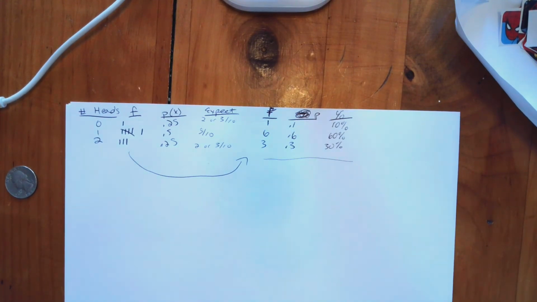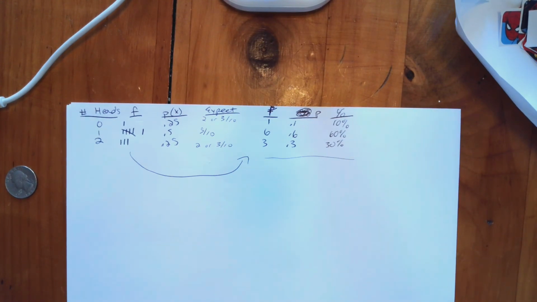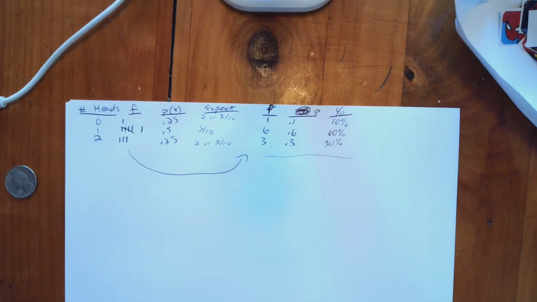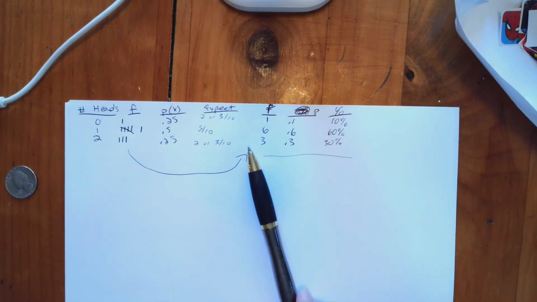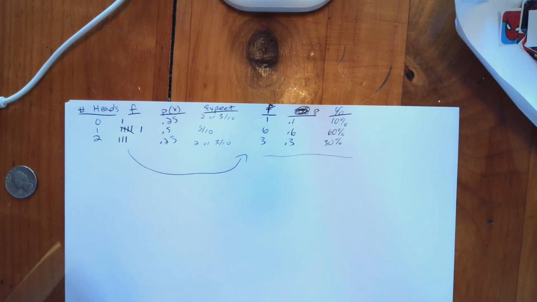And this is an idea that we're going to come back to later, so I'm not going to keep going on and on about it now. But the takeaway here is that the bigger your sample is, meaning the more events you do, the more likely it is that unlikely outcomes are going to sort of even out over these many, many different events. And your frequency distribution is going to end up looking more like your probability distribution.